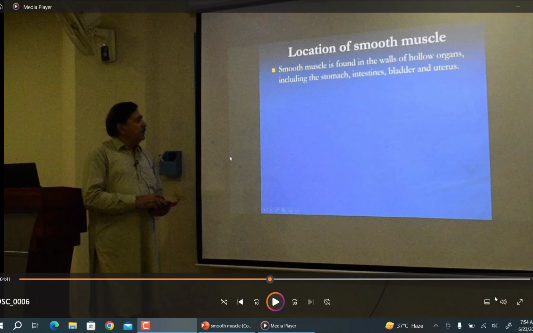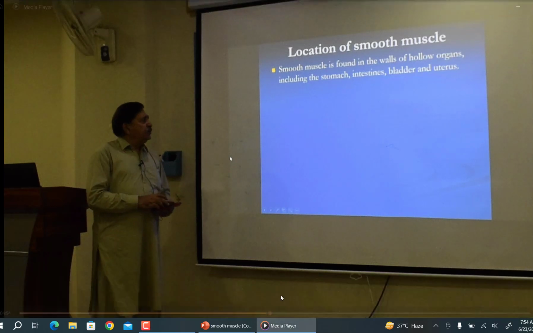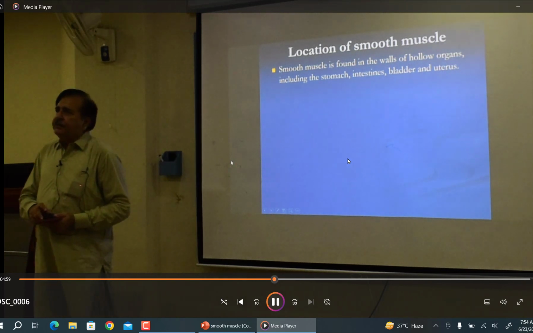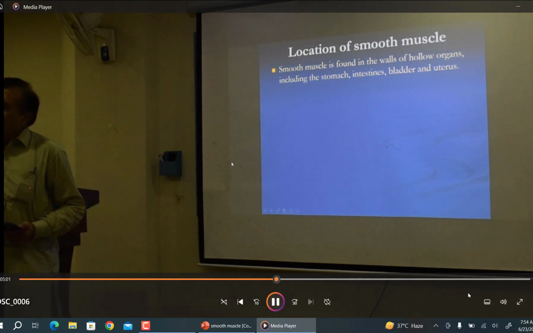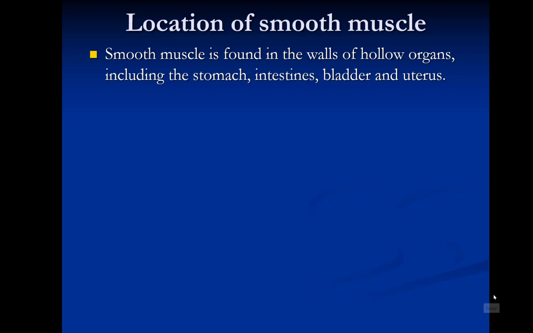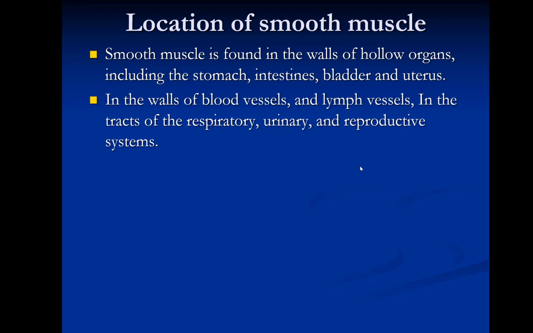Now, location of smooth muscle. Smooth muscle is found in the wall of hollow organs, including stomach, intestine, bladder, and urinary tract, uterus, in the wall of blood vessels and lymph nodes, and in the tract of the respiratory, urinary, and reproductive systems.